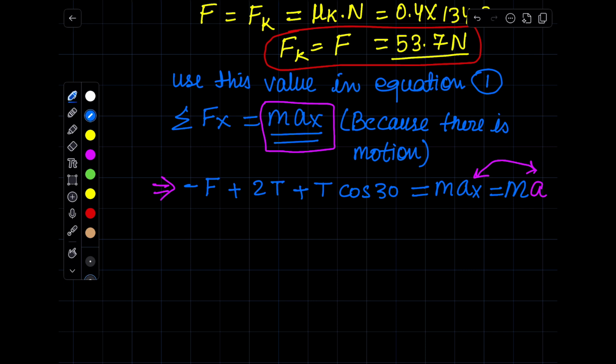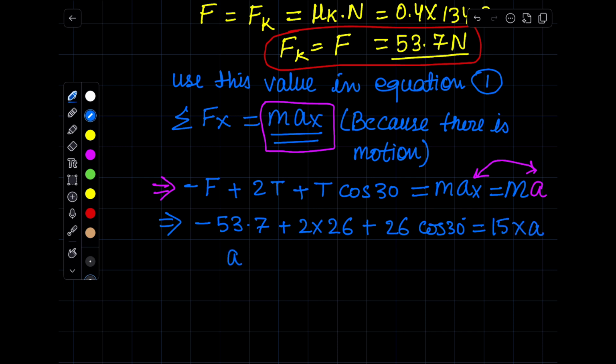Now your job is to put the value for F. You just calculated 53.7 Newton plus 2 multiplied by 26 Newton, plus the component of T in the x direction. Why? Because we are solving in the x direction. This is equal to ma. The mass of this block is 15. So now from this equation we can simply calculate the acceleration, which is 1.390 meter per second square.